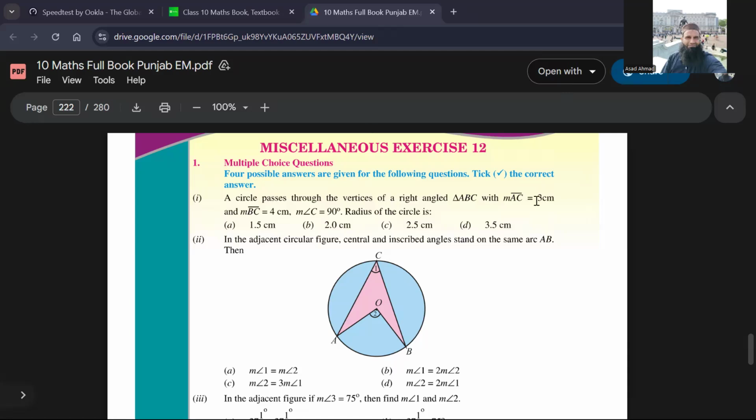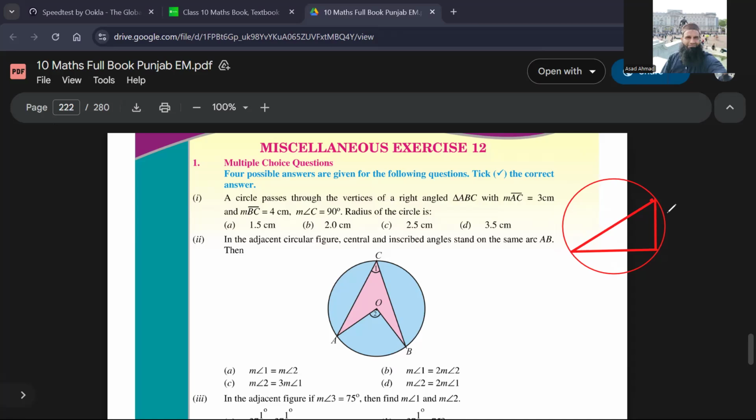Exercise. A circle passing through the two vertices of a right angle triangle, and the radius of the circle has been asked. So you just need to quickly draw the circle first, and it is explained in the question that it is a right angle triangle like this one, and we are provided the lengths.